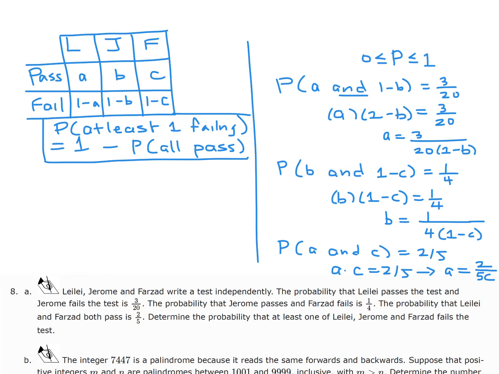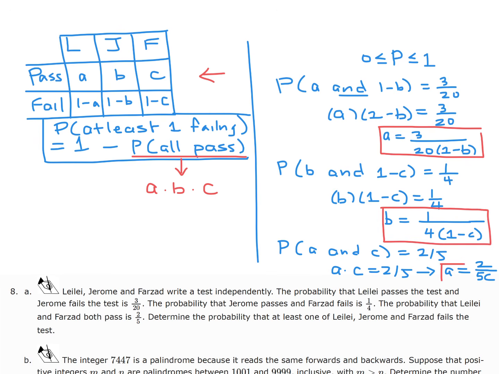Let me just calculate the probability that they all pass. If I can do that, then I'll be able to just subtract it from 1 to get the probability of at least one failing, which is what they want. So the probability of this, if you look at this table, would be A times B times C. So I have to get numerical values for A, B, and C, and I think it should not be too bad since there are 3 equations and 3 variables.